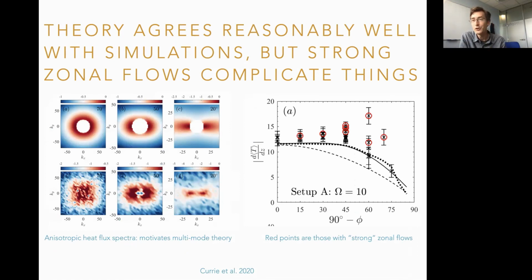For me, I really enjoyed this paper because it brought together these different approaches of cartoon models, linear theory and simulation. But even in this very simple problem, convection in a box at different latitudes, Boussinesq by the way, some things worked really well and some things didn't. Whenever you get a shear flow, that really led to some problems. We did not get very good agreement between the simple rotating mixing length theory and the results of the simulations.